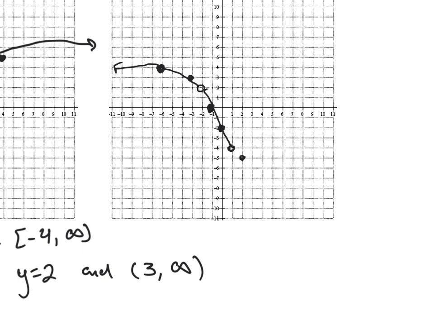Take the square root of 1, which is 1, so -1 minus 4, you get -5, all right?